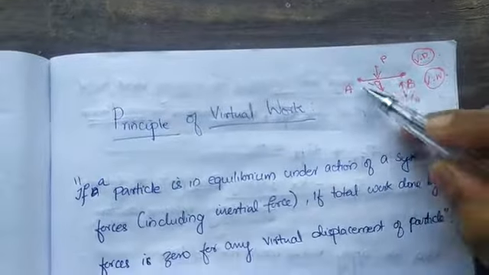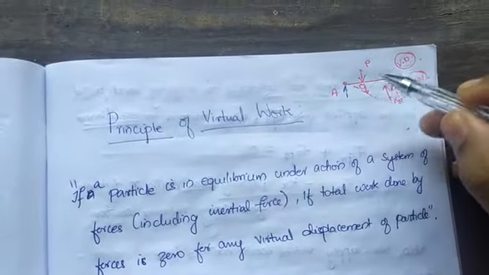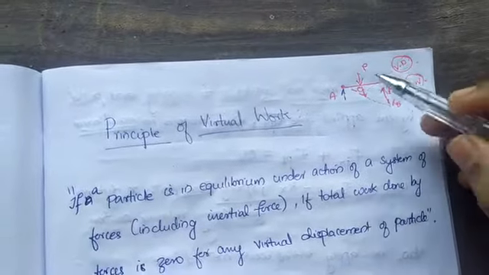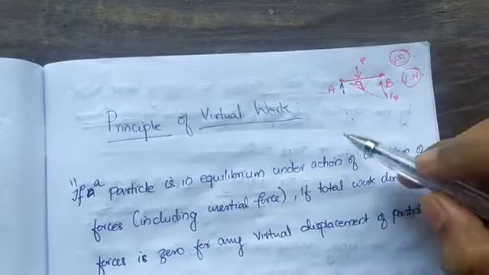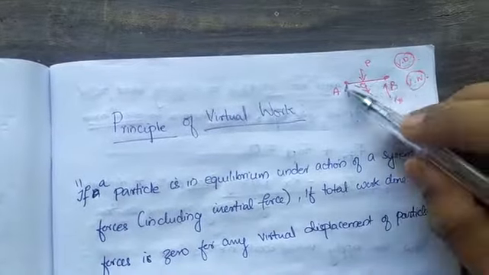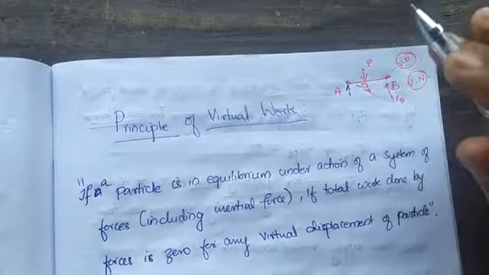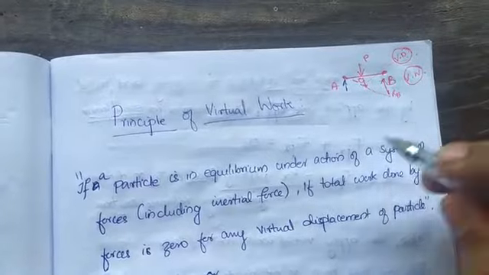If AB is the bar which has reactions at A and B, and you are applying a force here, initially this object is not moving, it is in equilibrium, and you need to find the reactions.